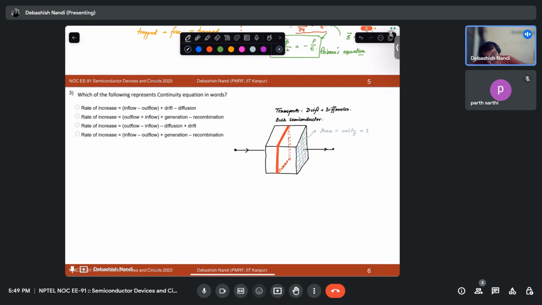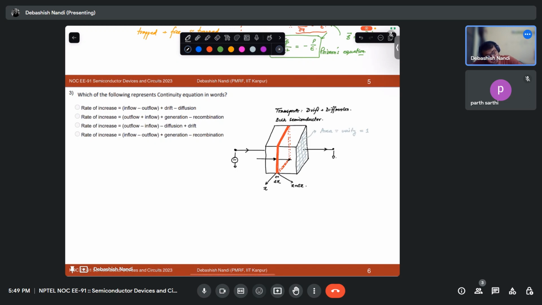Let's say some potential difference exists here, so some current will enter this location and some current will exit this thin strip. Let's say this is delta x, this point is x, and this point will be x plus delta x.